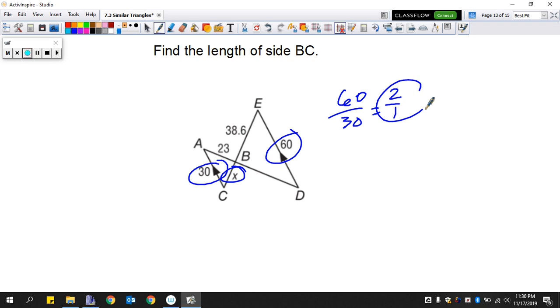So you have 2 to 1 is equal to 38.6 over 23. I'm sorry, not 23, over x.